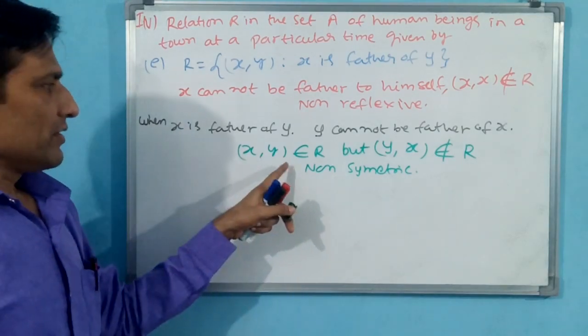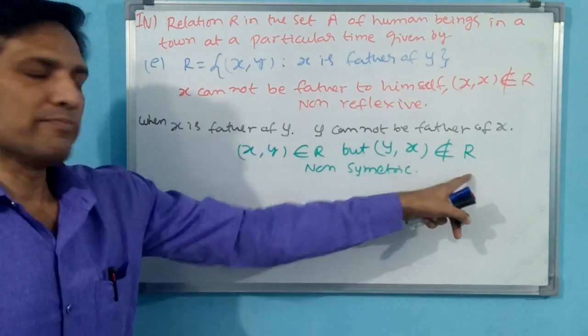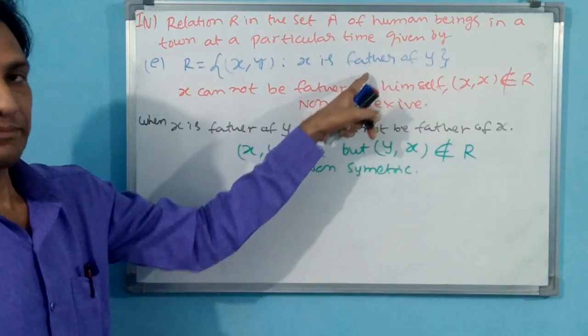Okay, X is father of Y, but Y is son of X, not father. That is why it does not belong to the relation. But here the relation is father.